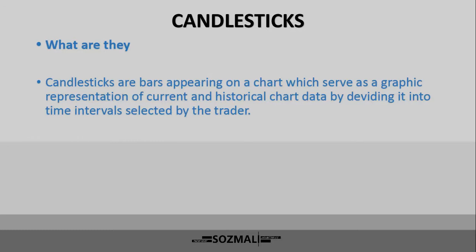So for example, if we select the M15 time frame, which is short for the 15-minute time frame, each candlestick will represent 15 minutes of chart movement data. You know what I mean? And if you select a daily chart, it'll show you what happened within a day in terms of movements, and it'll represent it within that one candlestick. That's just basically it.